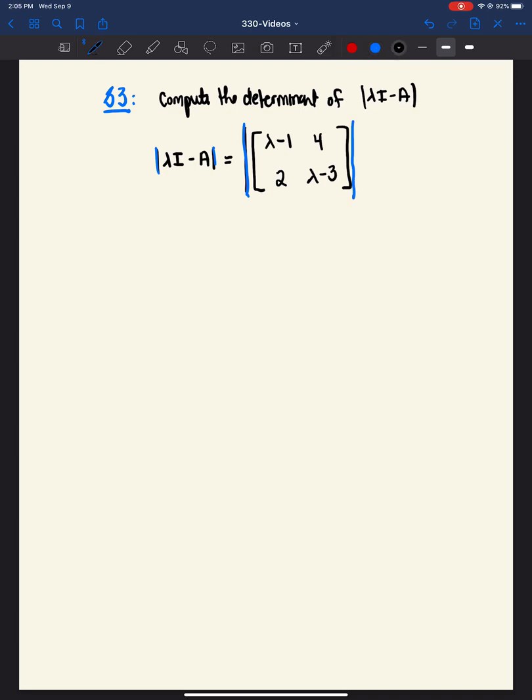We would do this like any other 2 by 2 determinant. We take the product of the main diagonal, and we subtract off the product of the reverse diagonal. So in this case, our determinant will be lambda minus 1 times lambda minus 3. We subtract off the product of the reverse diagonal, which in this case is 4 and 2.